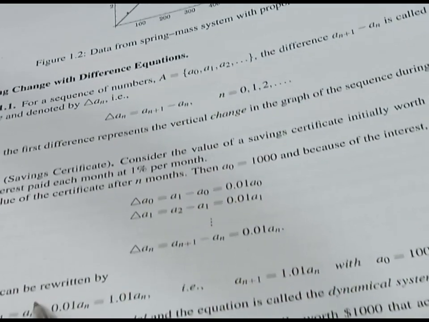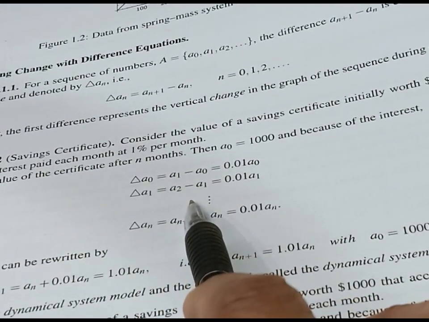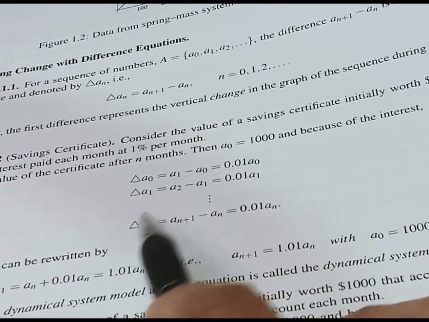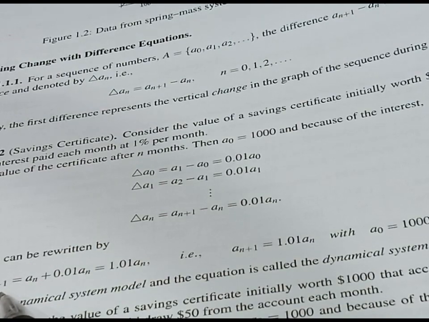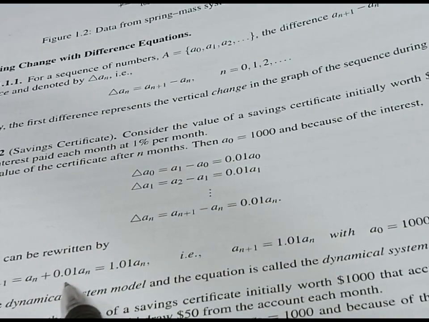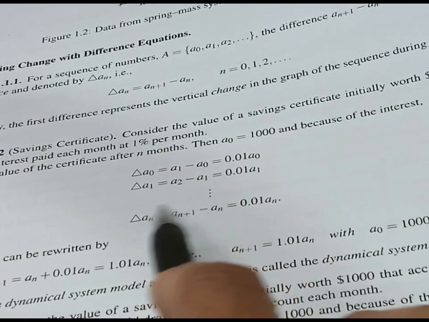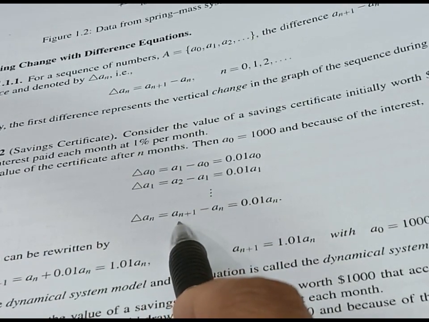Okay, so the last equation, from the sequence of change, we can write the equation as delta a_n equals 0.01 a_n. This is a rearrangement of this one. We put the value at point n plus 1.